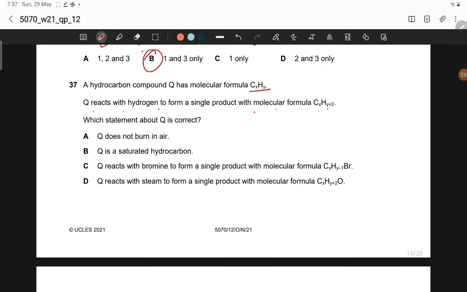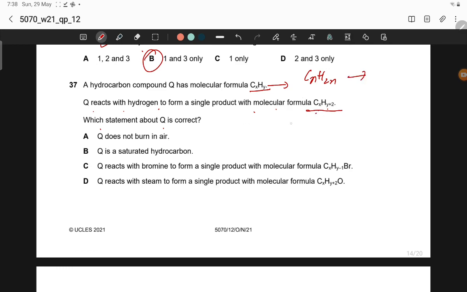Q does not burn in air? Yes. Which statement about Q is correct? Q has a molecular formula CxHy, but it is CnH2n.